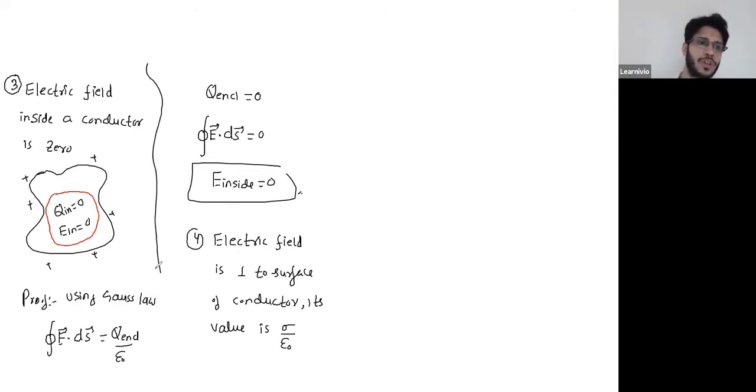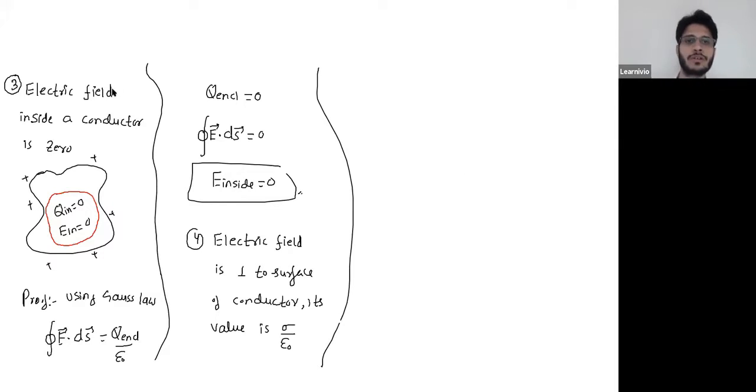So electric field is always perpendicular to the surface of conductor, and its value is sigma by epsilon. If I consider a conductor of any arbitrary shape, say positive charge is distributed over the conductor, then the electric field is always perpendicular to the surface.